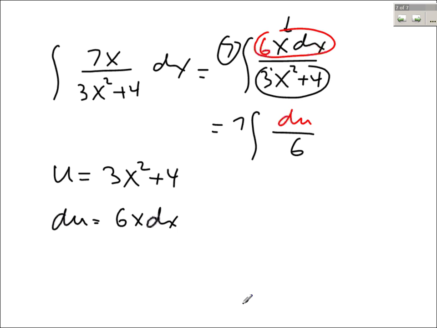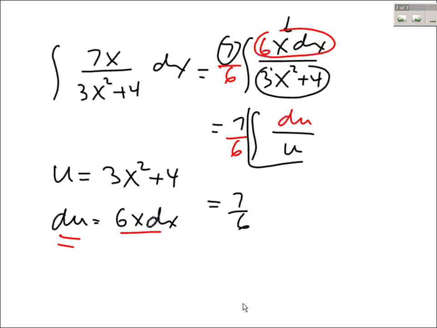I meant to say a 6 on the top. 6x dx is du. But if I put a 6 in the top, I must put a 6 in the bottom. And like I said, the bottom was u and not 6. That's called a typo. The bottom is u, and that's an integral we're supposed to know.